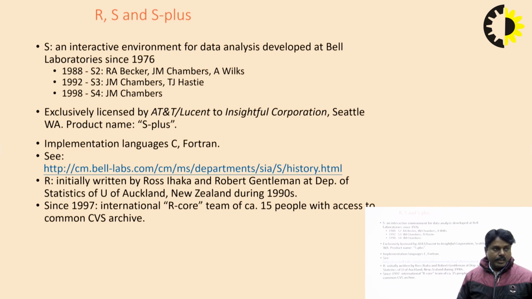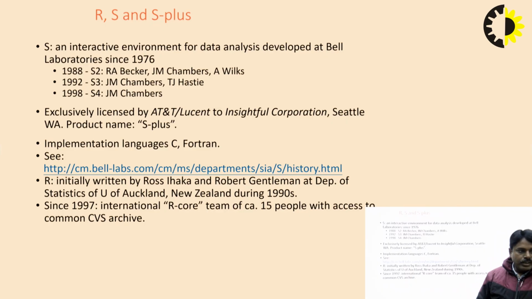This was S programming, and in 1982, 1992 and 1998, different versions of S programming were introduced by different computer scientists, authors or programmers who were contributing to S programming. And this is especially licensed to AT&T Bell Laboratories, with product name S-PLUS.